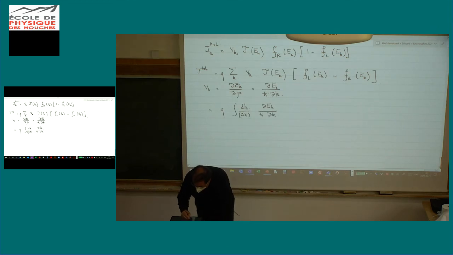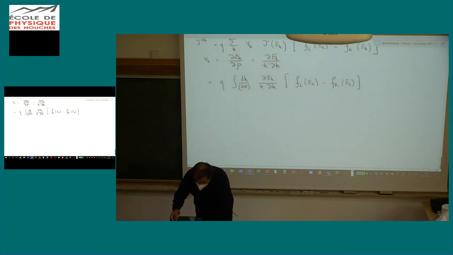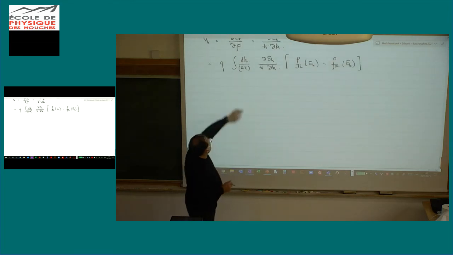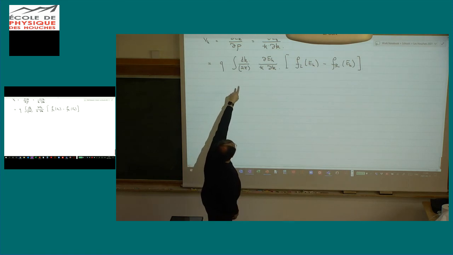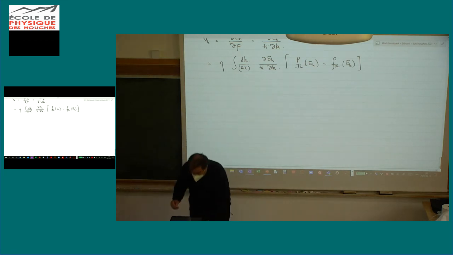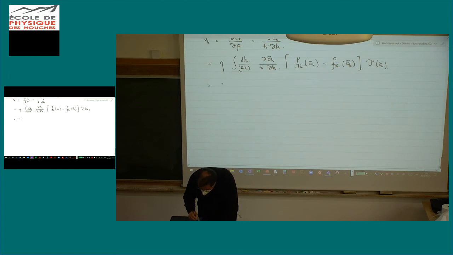And then I have f_L of epsilon_k minus f_R of epsilon_k. And then you see that I can do the change of variable and say that my integral over k is just an integral over the energies. And I forgot, sorry, the transmission T of epsilon_k.